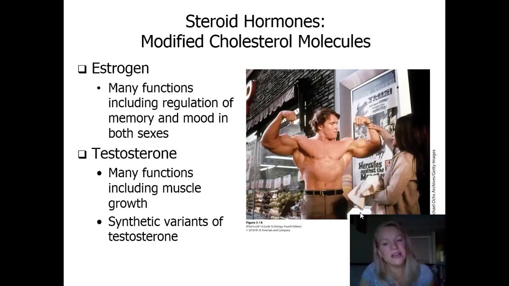Roid rage, as they talk about. There's a lot of bad things that happen with taking testosterone if you're not under doctor's care for some kind of condition, right? And then estrogen as well. Sometimes estrogen is prescribed by doctors, but you have to be under doctor's care. Estrogen and testosterone are found in both sexes.